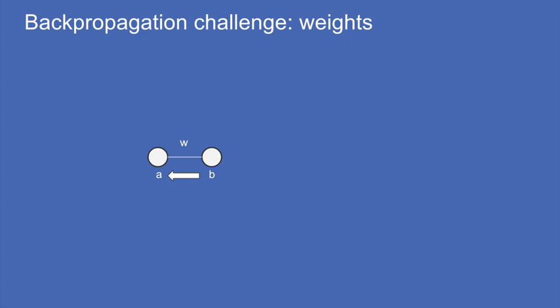Now, in the neural network that we've created, there are several types of backpropagation we have to do. There are several operations we have to do. For each one of those, we have to be able to calculate the slope.